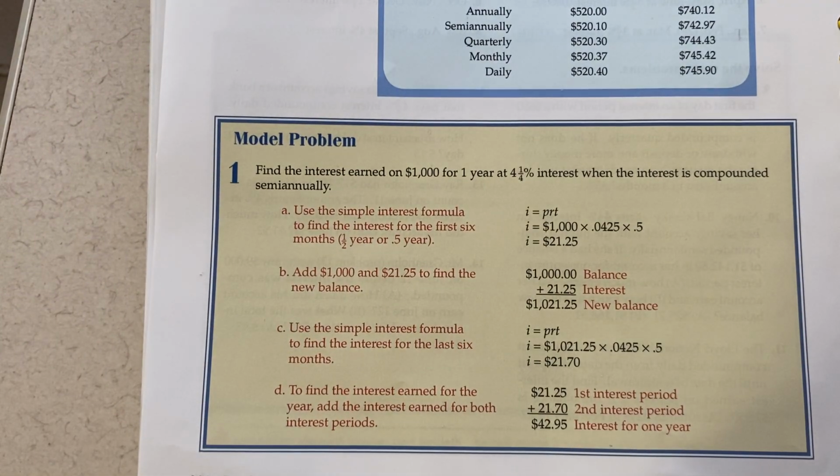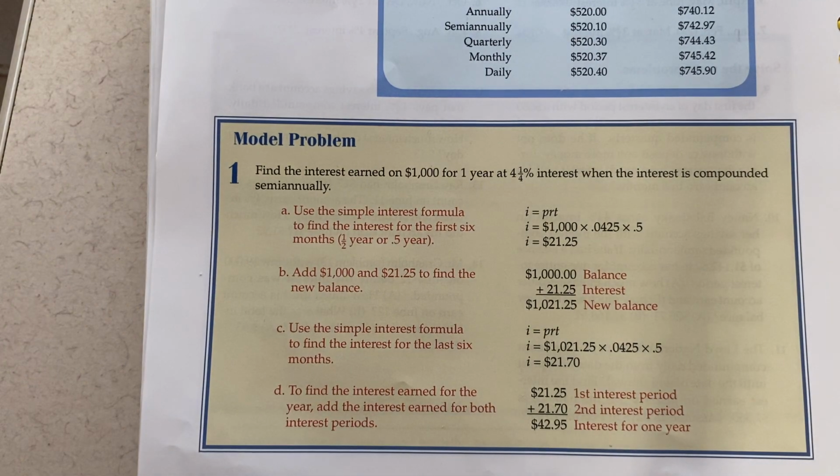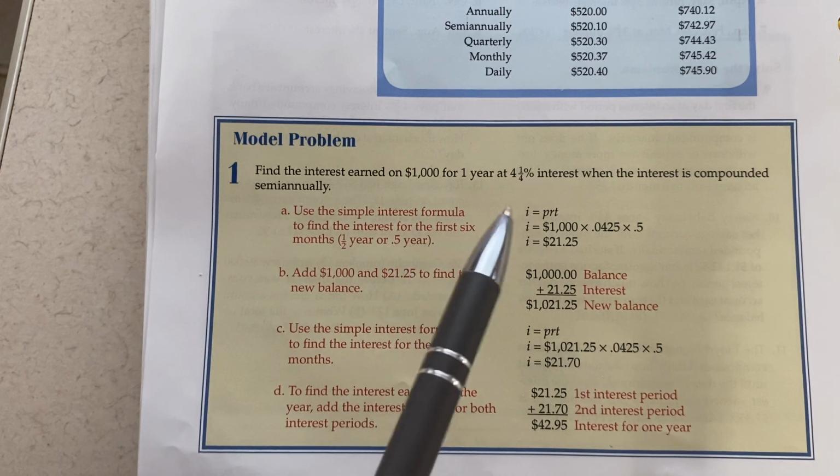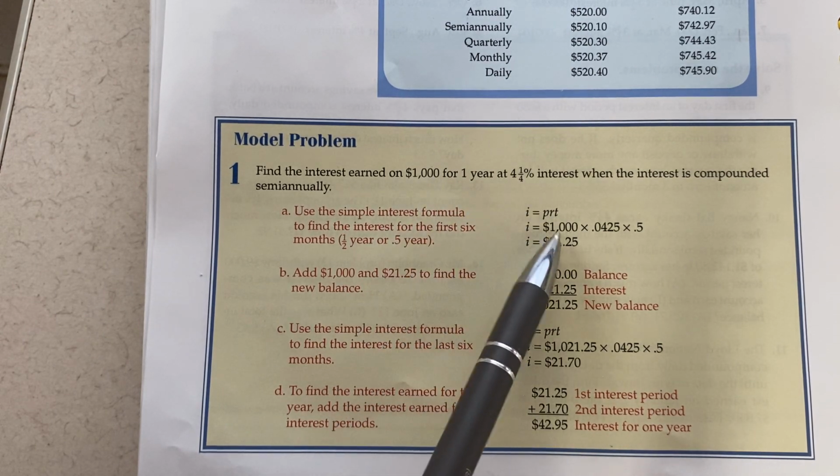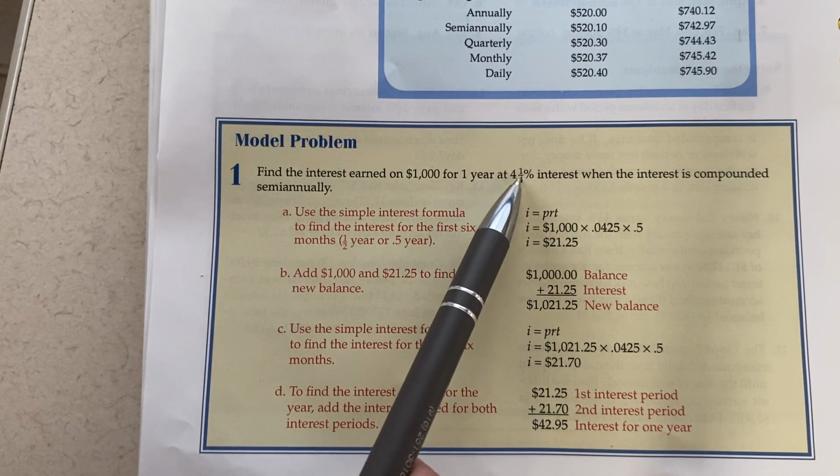A model problem. Find the interest earned on $1,000 for 1 year at 4.25% interest when the interest is compounded semi-annually. So doing this semi-annually, okay? So first of all, you're going to use the interest formula PRT, right? And so you're going to fill in the $1,000, and you're going to fill in the 4.25%.